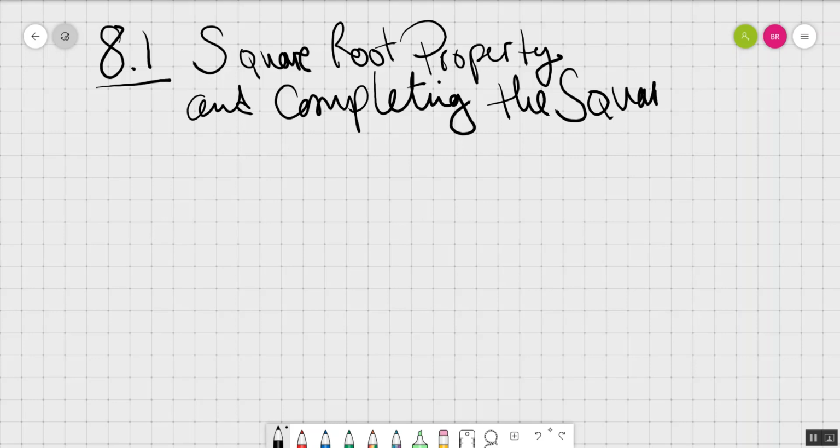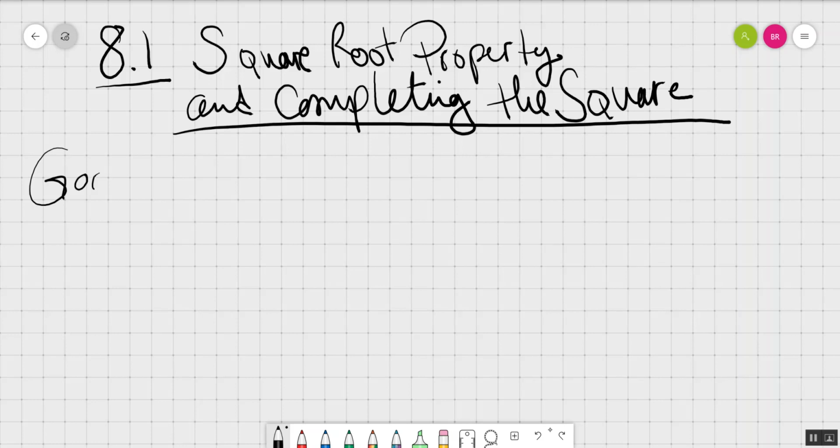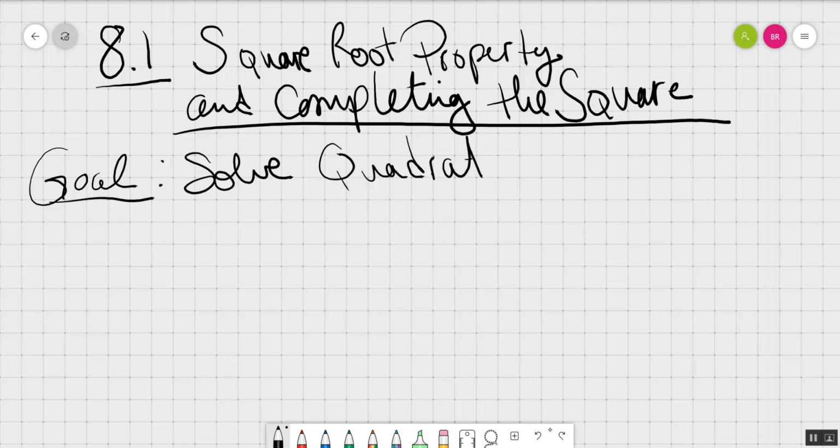Now, completing the square is a process that's going to help us do one thing and one thing only, and that's going to be our goal for today: how to solve quadratics. Specifically the ones that don't factor.